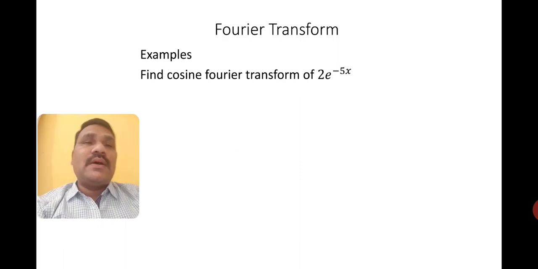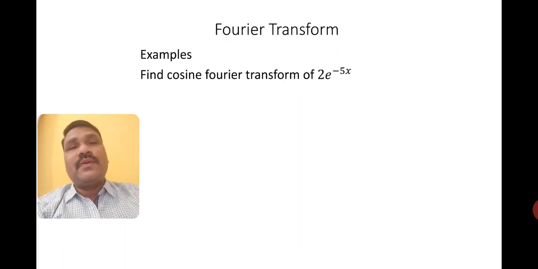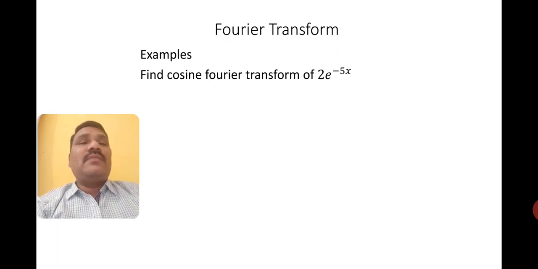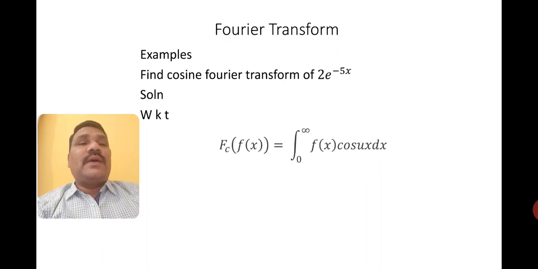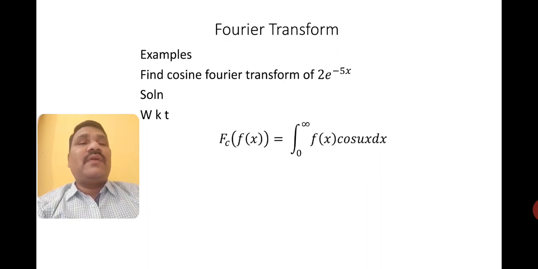Now we will see some examples of cosine and sine. Find the cosine Fourier transform of 2 e to the power minus 5x. We know the formula: fc of f of x is equal to integral 0 to infinity f of x cos u x dx.